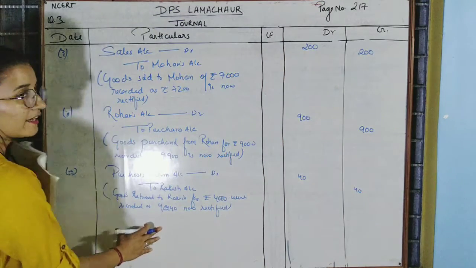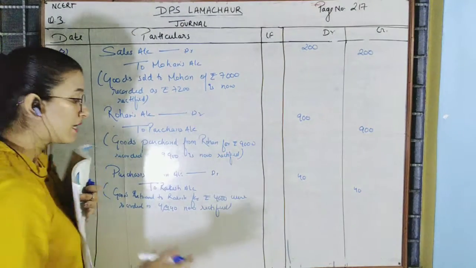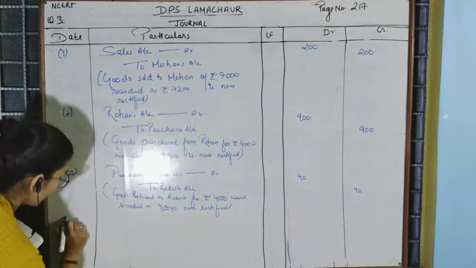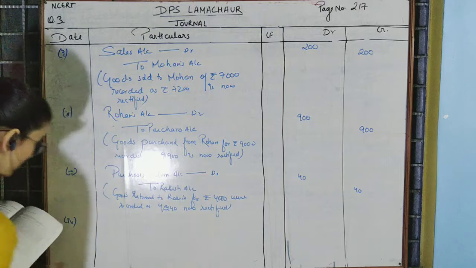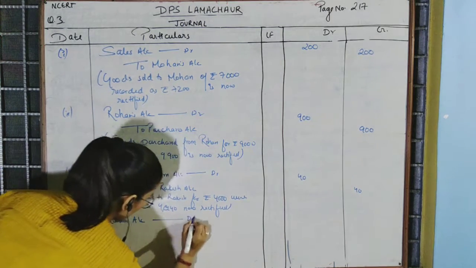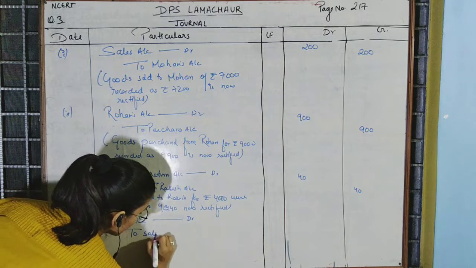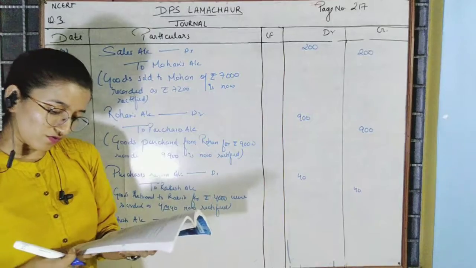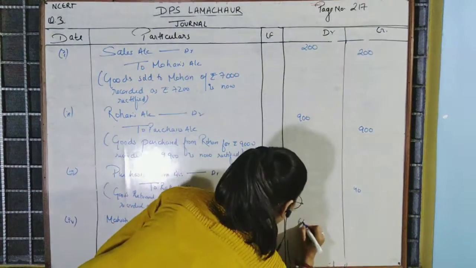In the correct entry, sales return was to be debited, but to rectify the error, we will credit sales return. Last transaction will be Mahesh account debit to sales return account, and the amount will be 600.